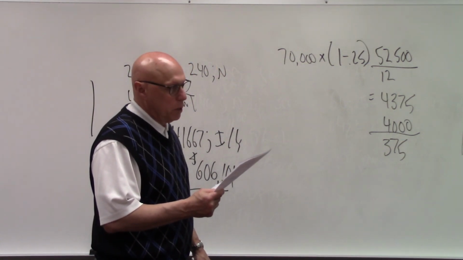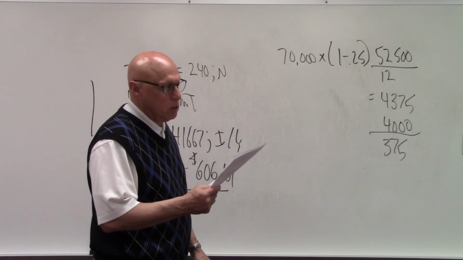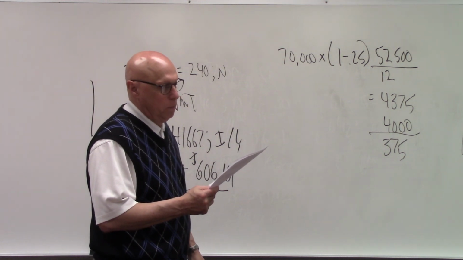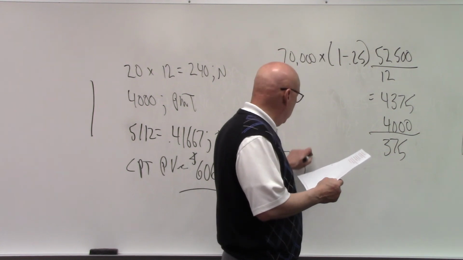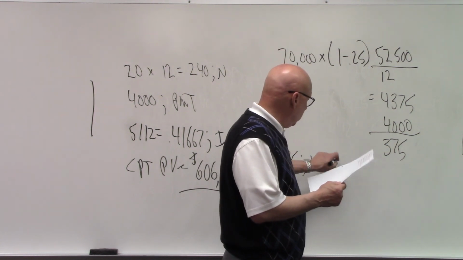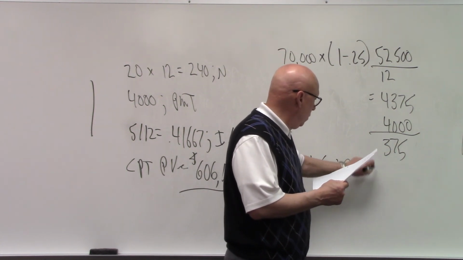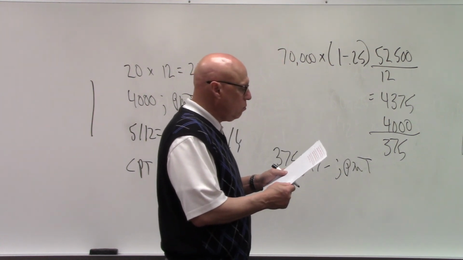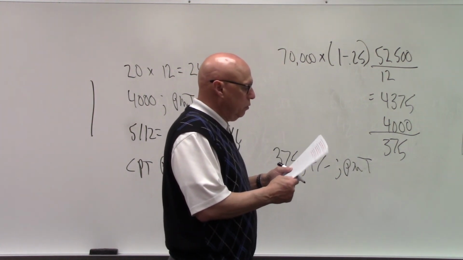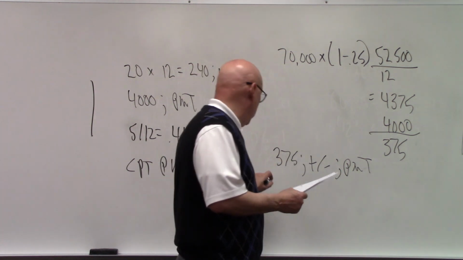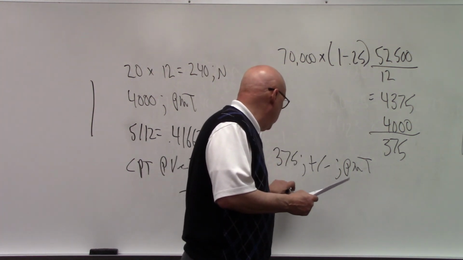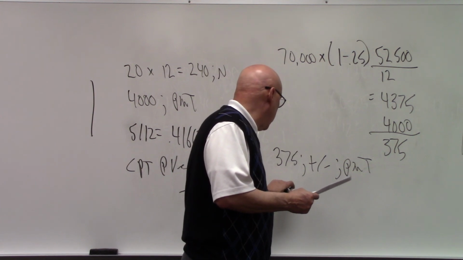Now, what rate of return will you have to earn to accumulate enough at age 65 to fund your retirement? So, 375 plus/minus is your payment. And you've got 40 years, 25 to 65. You're 25 and you're going to retire at 65.